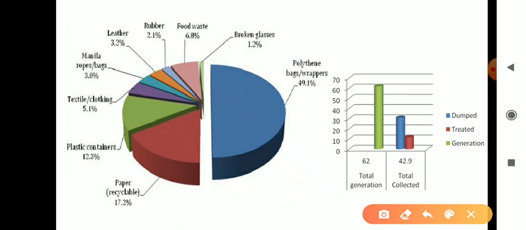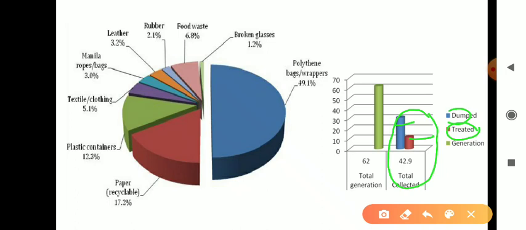And in this diagram, as we can see, this is the total generation of waste in India. This is 60 metric tons, the total generation of waste in India. And if we talk about the treatment, treatment is being done only for 40, means 30 by dumping and 10 is being treated.